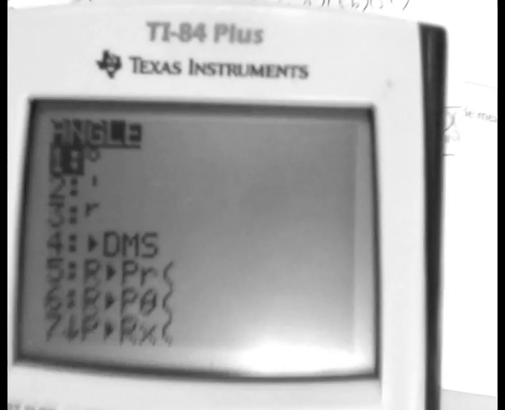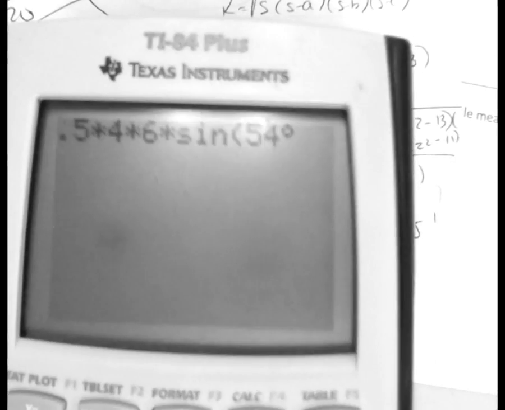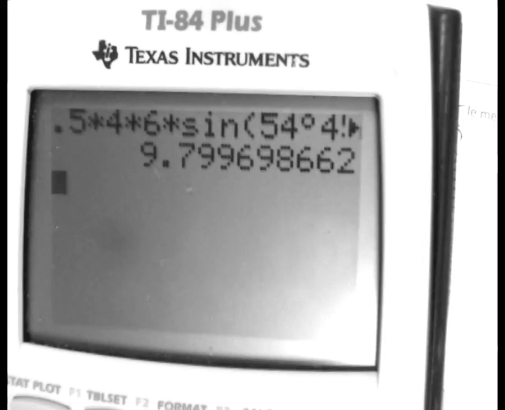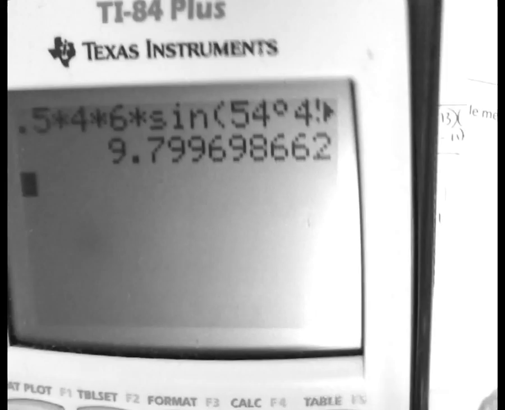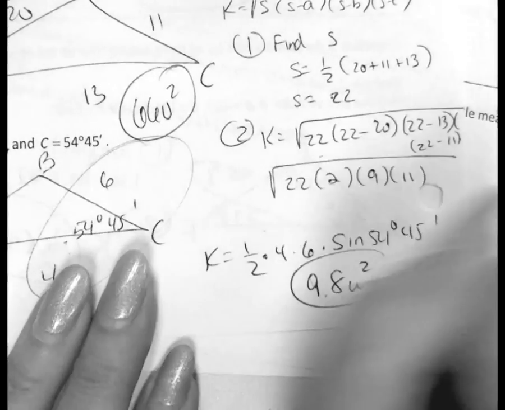Remember, 54 degrees is 54 second apse 1, and 45 minutes is 45 second apse 2. And your answer is 9.79, which is 9.8 units squared.